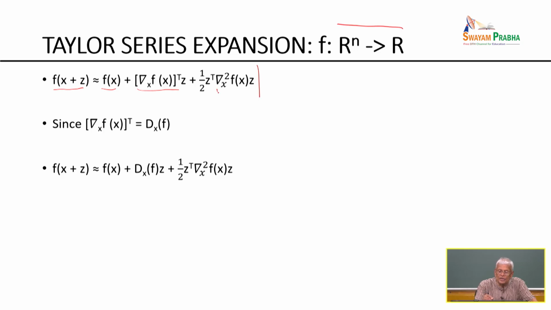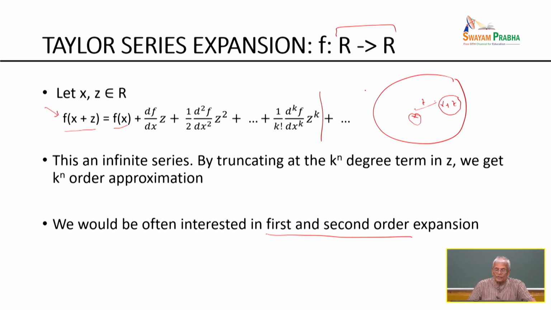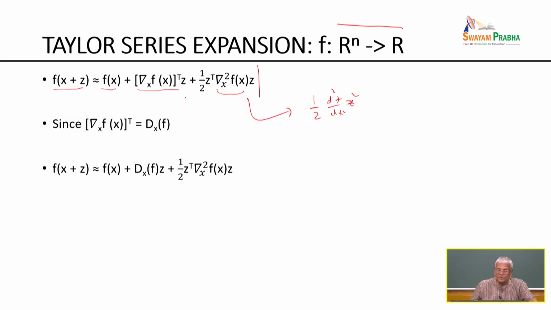And what is this? This is a Hessian. This term corresponds to the d squared f by dx squared times z squared term in the scalar case. The analog of that term in multivariate calculus becomes a quadratic function, z transpose Hessian times z.